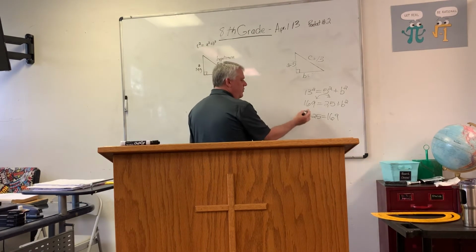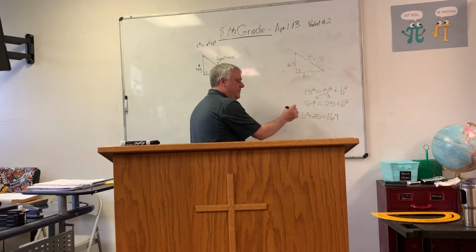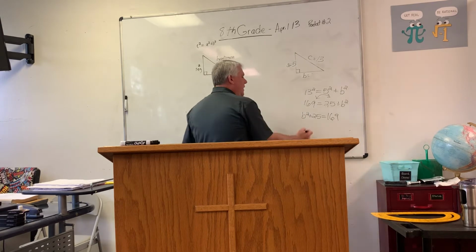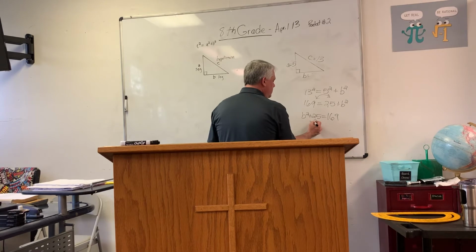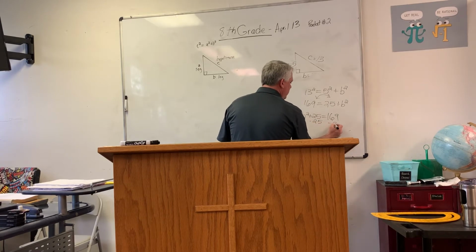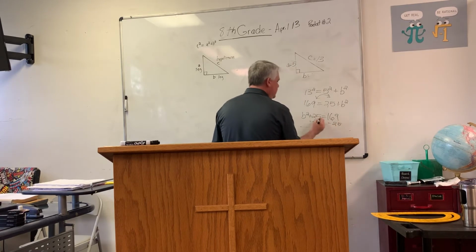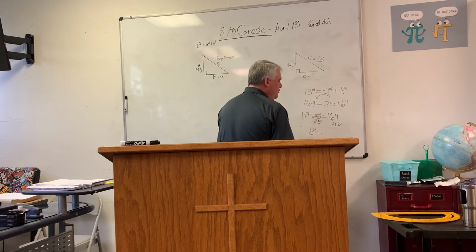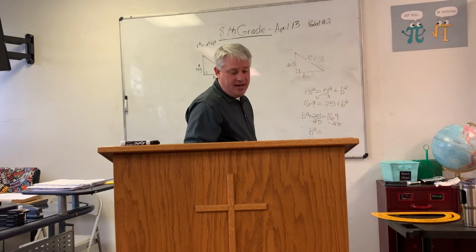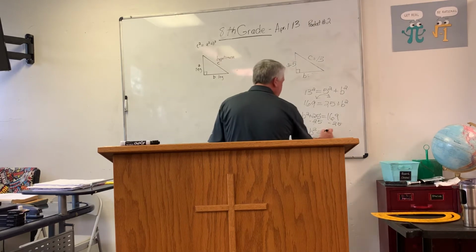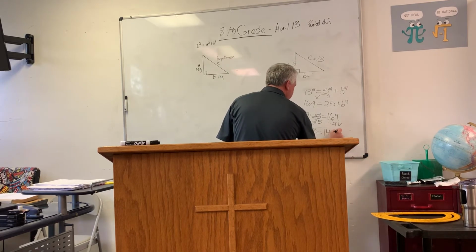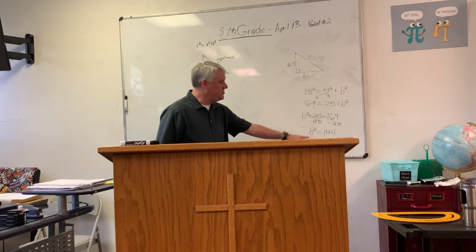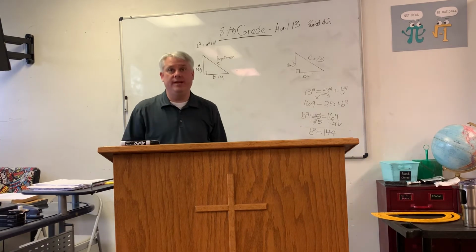Now look what we've got. We want to solve for B. We need to get B on the side by itself. We're going to do the opposite operation, so we're going to subtract 25 from both sides. Okay, that cancels out, leaving me B squared. 169 minus 25 is 144. Now this looks familiar to what we've been doing.